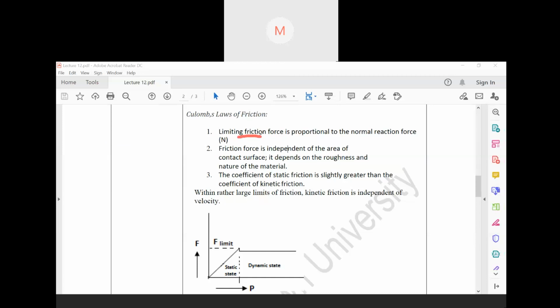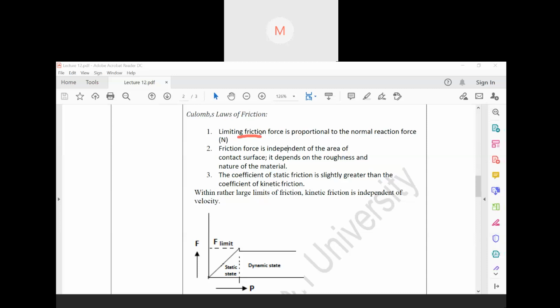Then, frictional force is independent of the area of the contact surface. Now look, suppose you are trying to pull a very big box. That box will be occupying some surface area on the ground. Yes or no?